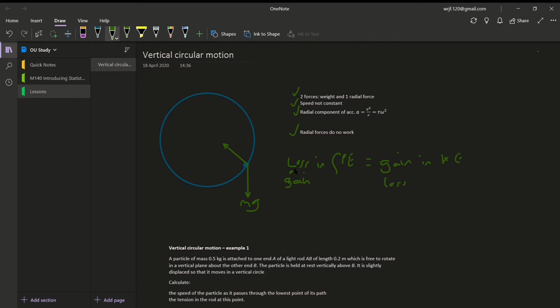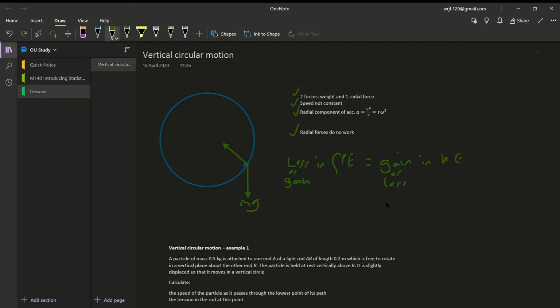So loss or gain in GPE equals gain or loss in KE. That's because of this radial force not doing any work, so the total amount of mechanical energy, gravitational potential and kinetic, is going to be a constant.